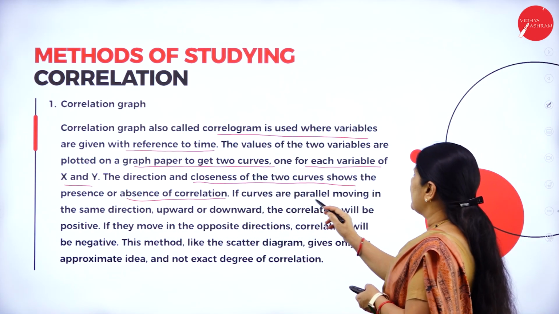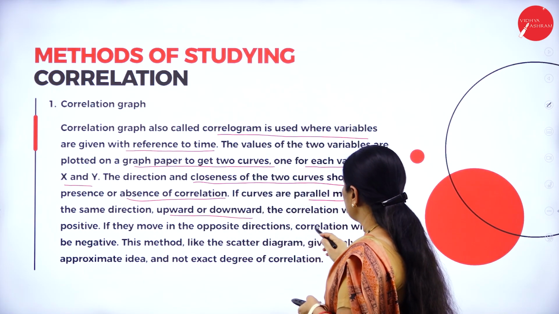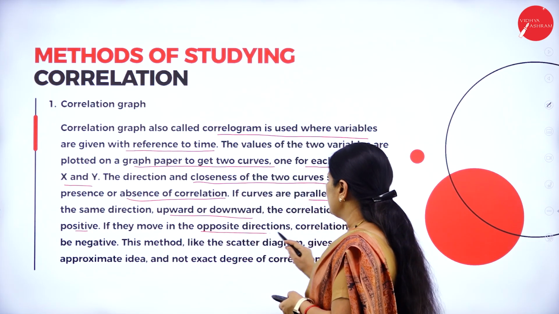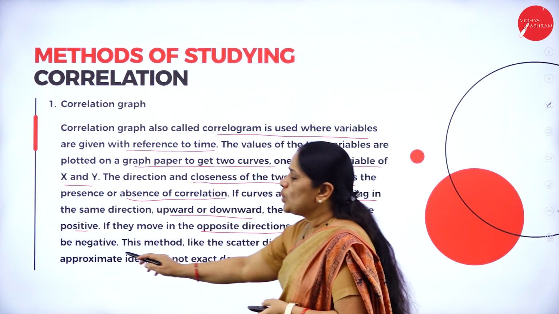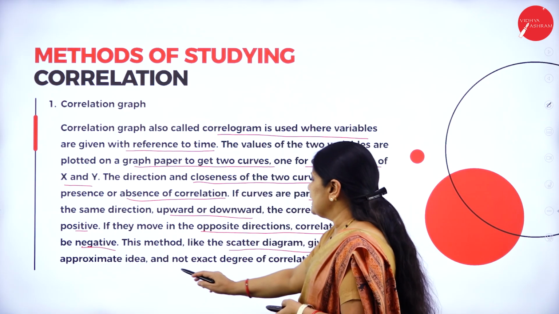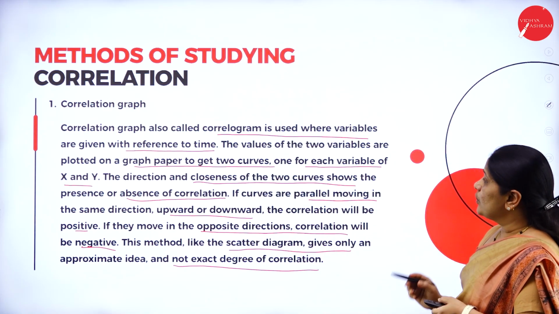If the curves are parallel, moving in the same direction, upward or downward, the correlation will be positive. But if they move in opposite directions, the correlation will be negative.